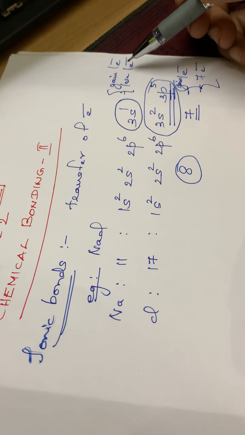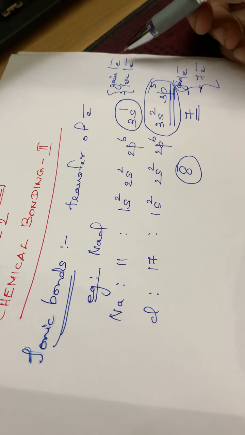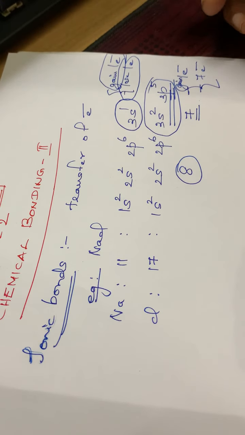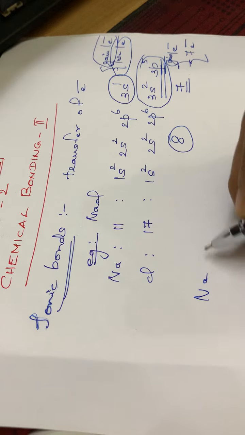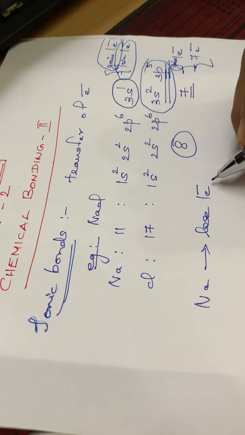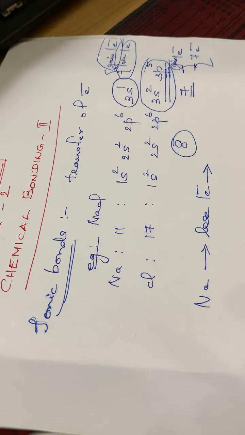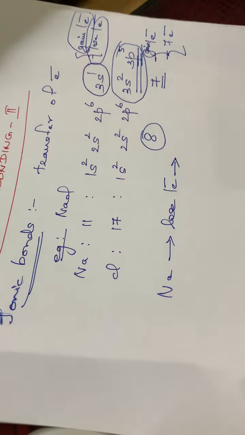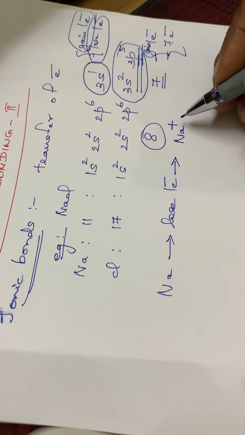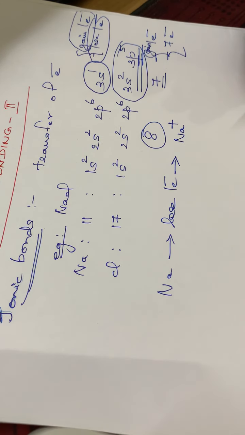Sodium will be losing one electron to attain the octet configuration, forming Na plus, and thereby it will have a positive charge.